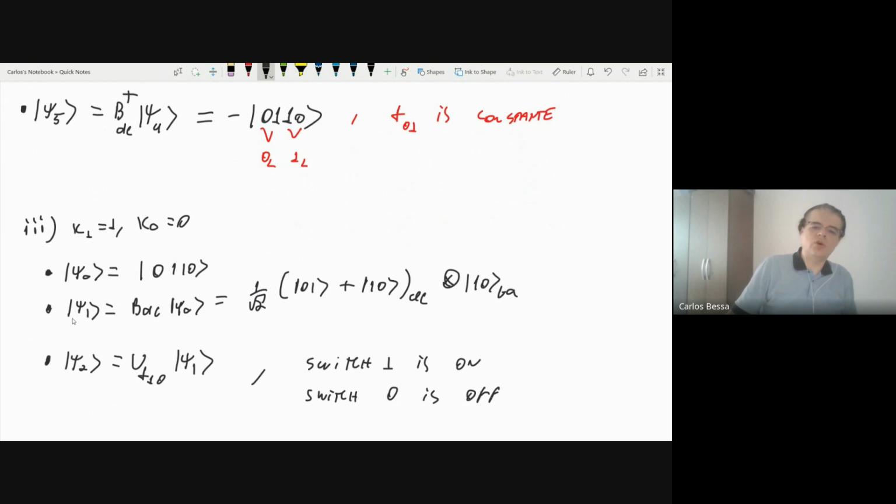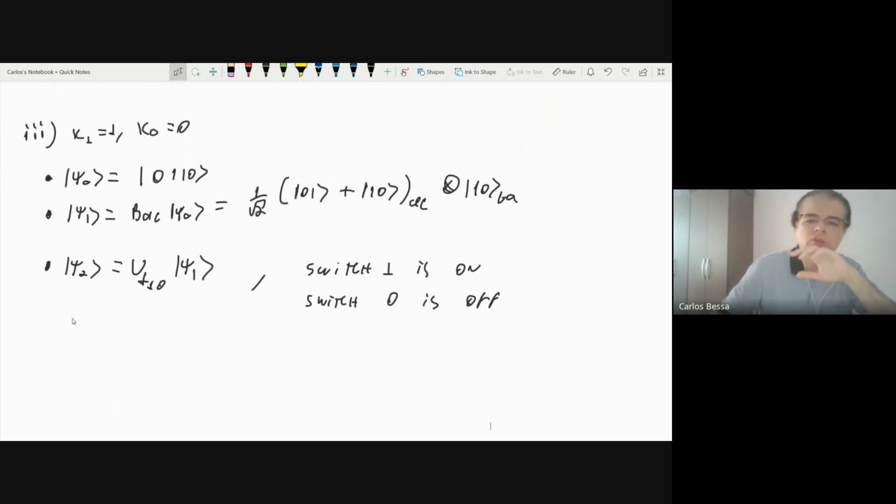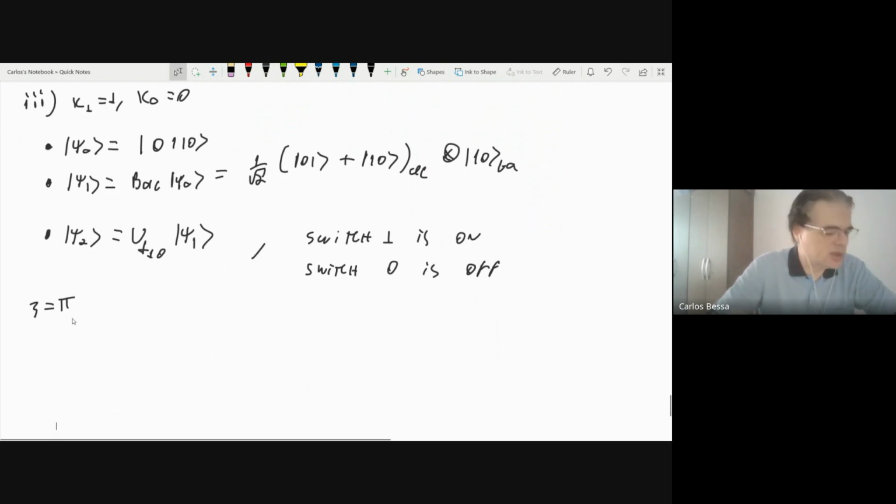So when switch 1 is on, we will activate the Kerr medium and the Fredkin gate. It's not saying anything, but I consider that zeta equals pi. So it's like a classical Fredkin gate to make things simple, but it can give the answer that we want.